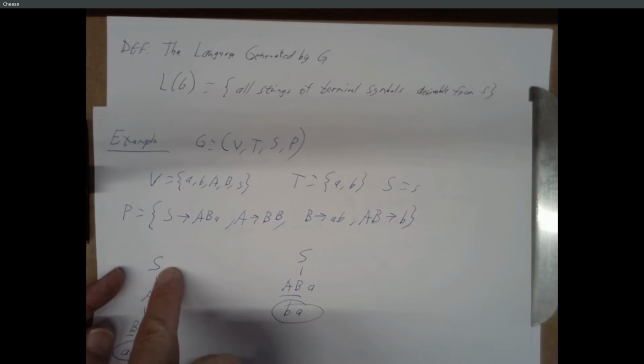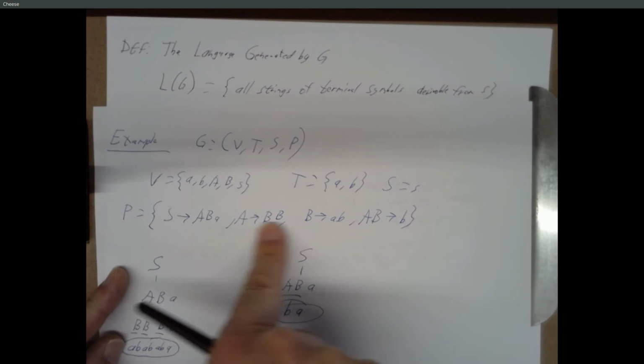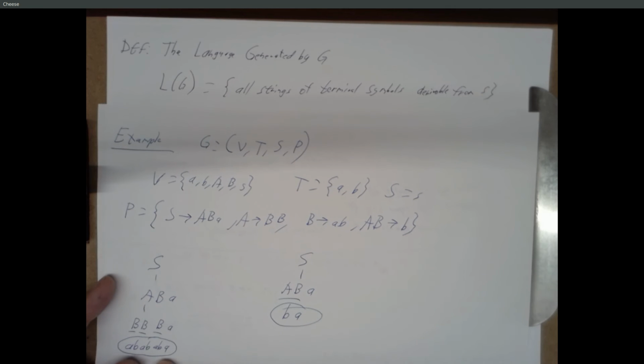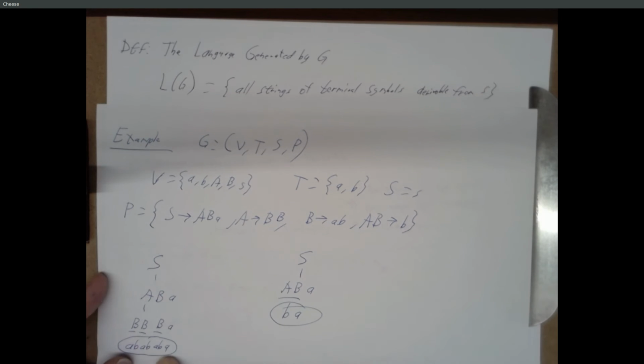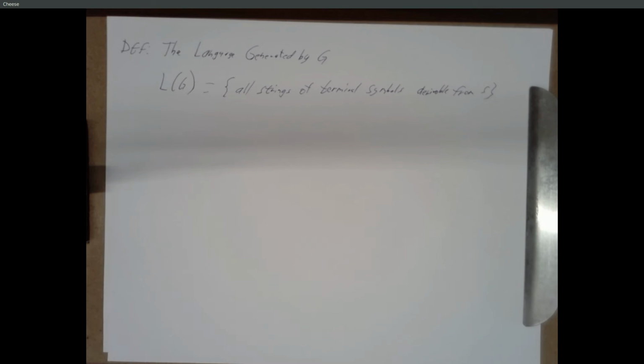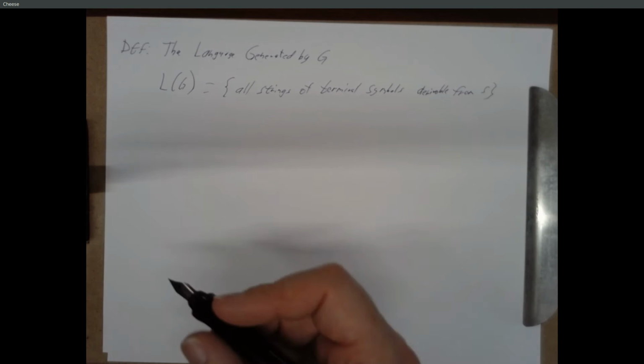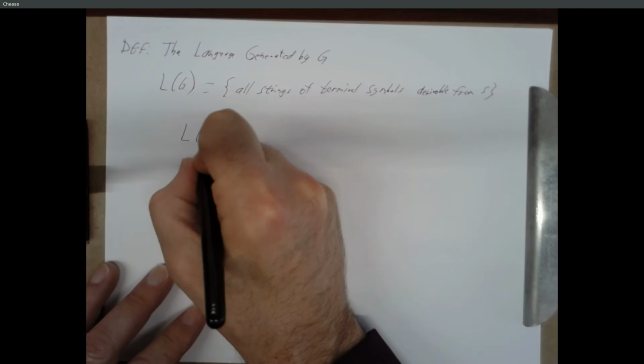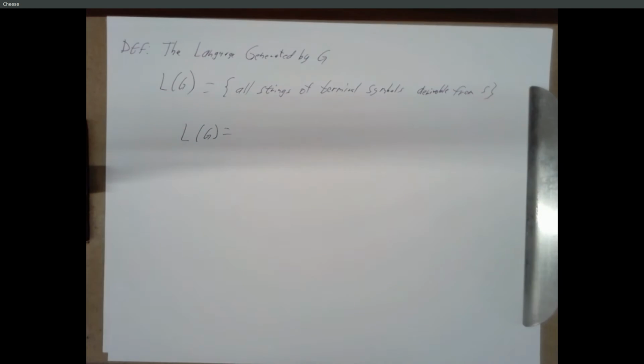So we can start with an S and we can follow these derivations and get something indirectly derivable that contains only terminal symbols. That's part of the language. And the whole language is a set of all of those strings. Knowing something about set theory, we can write this more succinctly.